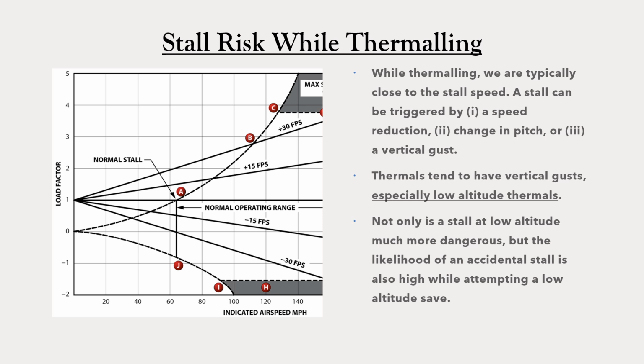If you're hanging out very much with people who've been flying gliders for a long time, you're going to encounter people bragging about some of their low altitude saves where they got down to a few hundred feet and were all set up to land out and then found a great thermal and rode it up to 3,000 feet.